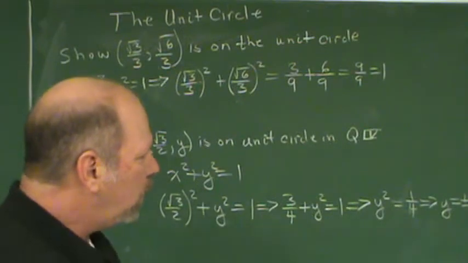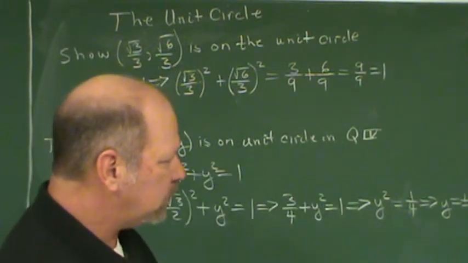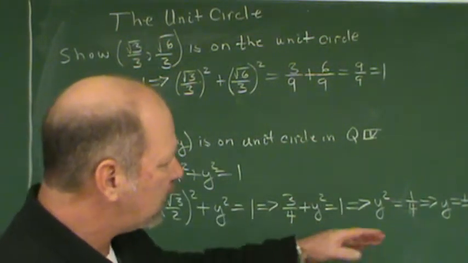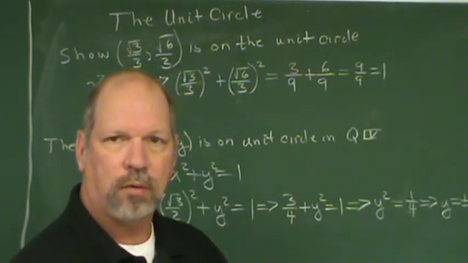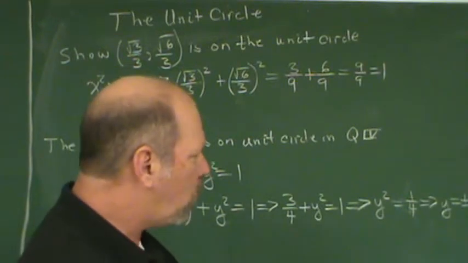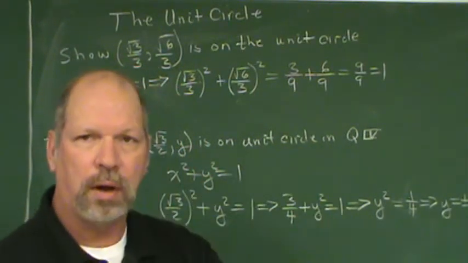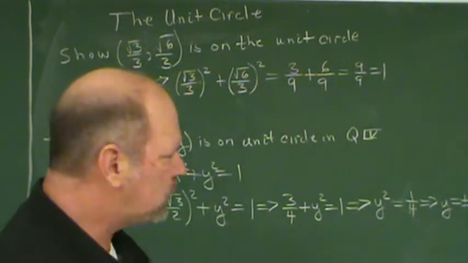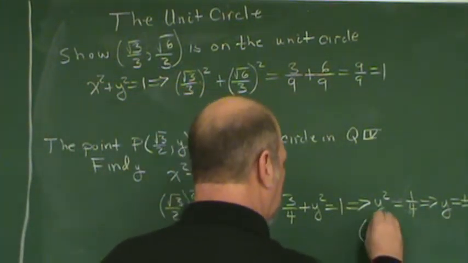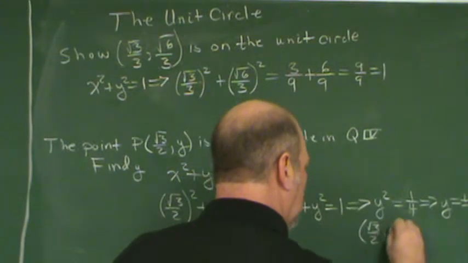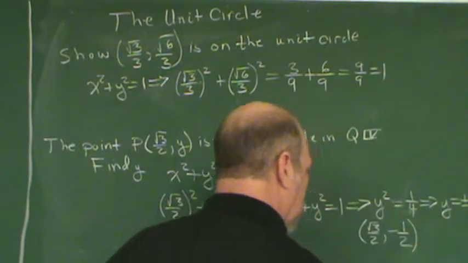All right, now here's where the quadrant 4 part comes in, because now we know that the y coordinate has to be either positive 1/2 or negative 1/2. Because we're in the fourth quadrant, that tells me that the y coordinate has to be negative. So my solution here is going to be the square root of 3 over 2, negative 1/2.